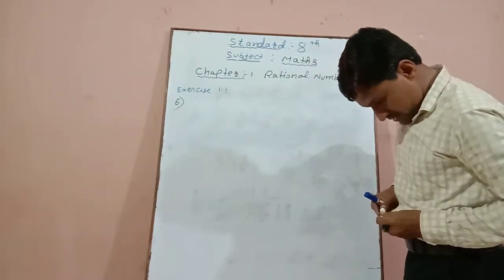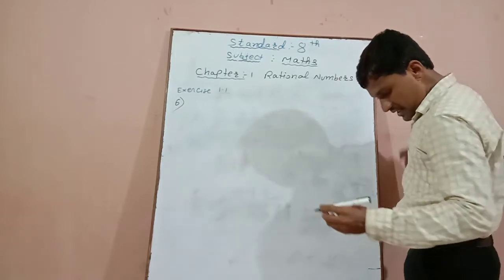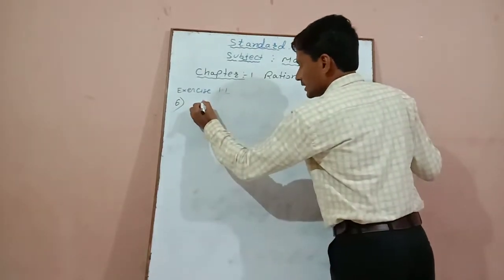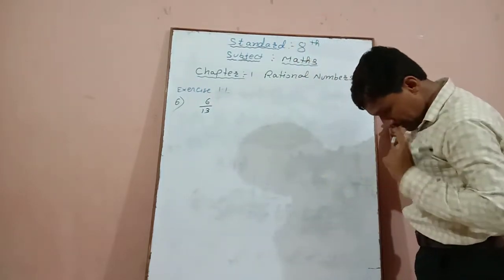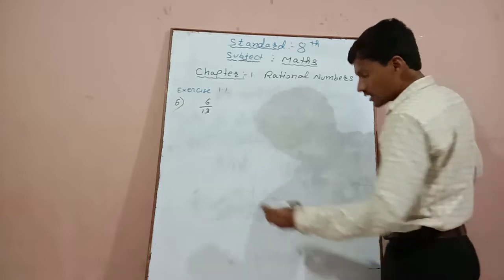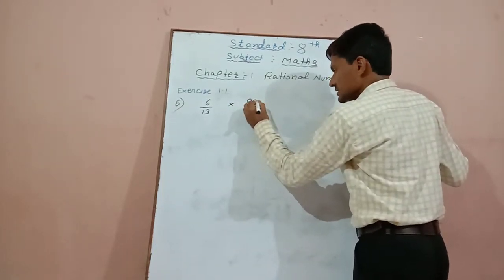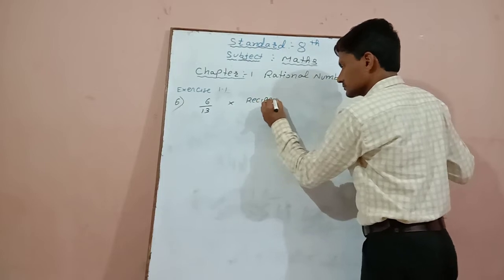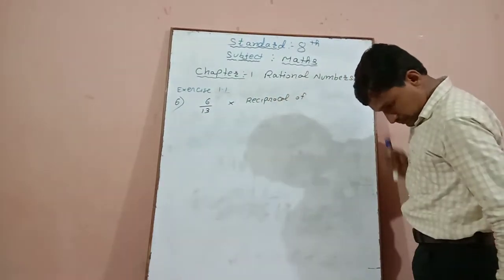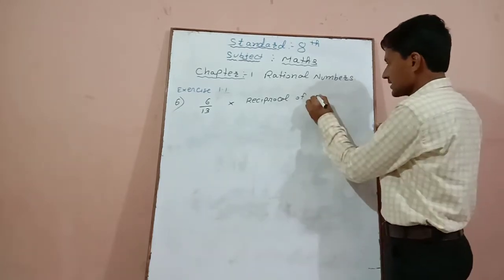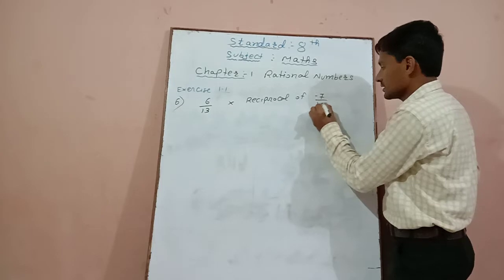In question number 6, multiply 6 divided by 13 by the reciprocal of minus 7 divided by 16.